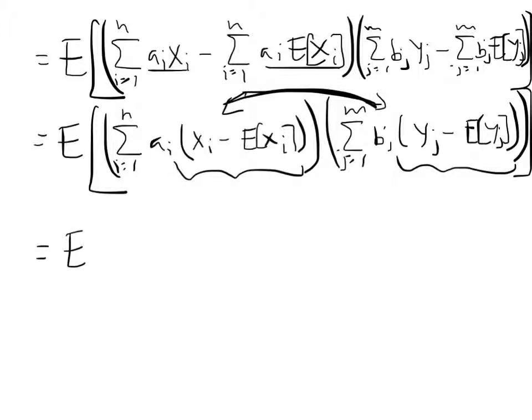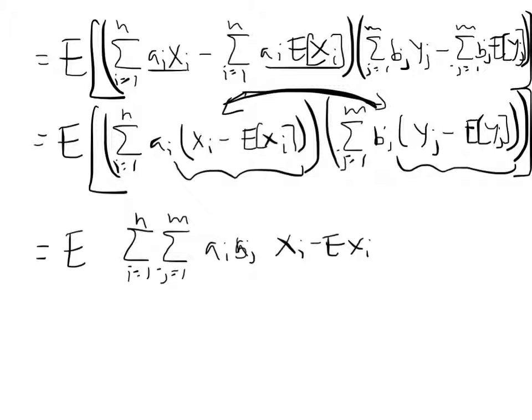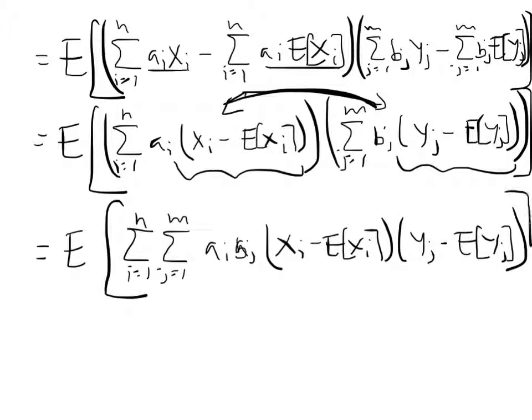So before I take the expectation through, I'm going to result in this double sum of i equals 1 to n, j equals 1 to m of the a_i b_j, and then these deviations x_i minus expectation of x_i, y_j minus expectation of y_j. And now you see as I take the expectation through, I'll have all these covariance terms. And that should set you up to finish off the proof.